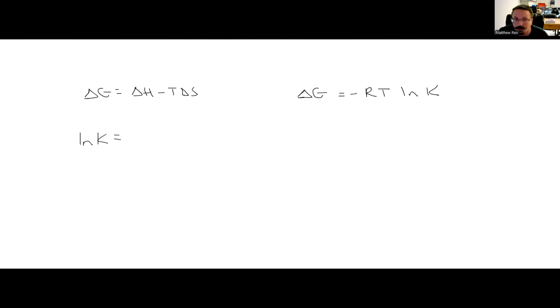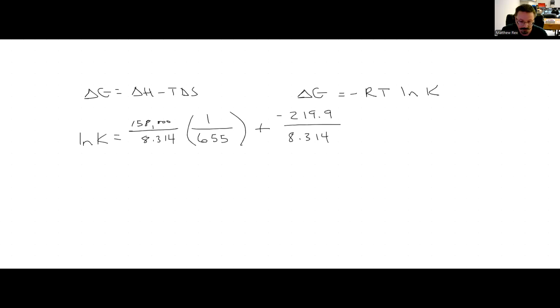So I'd have 158,000 over R times 1 over T plus my delta S over R. Either one will work.